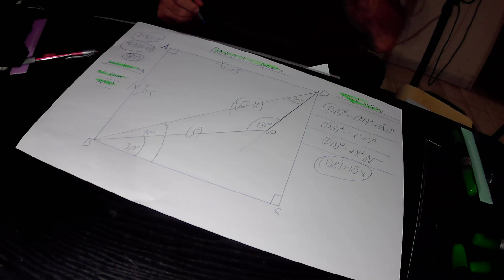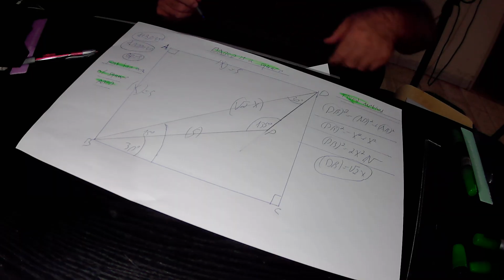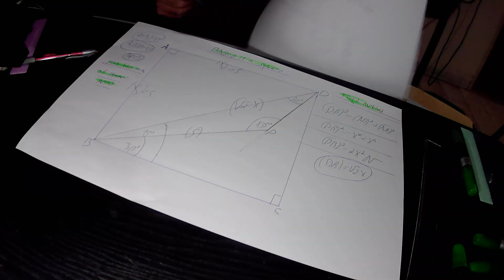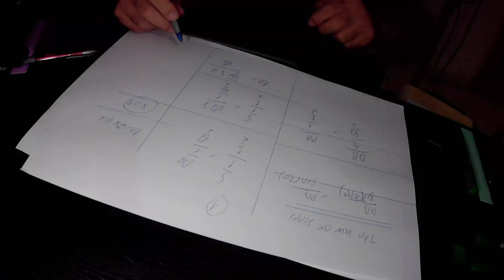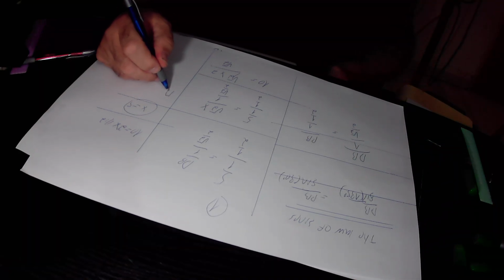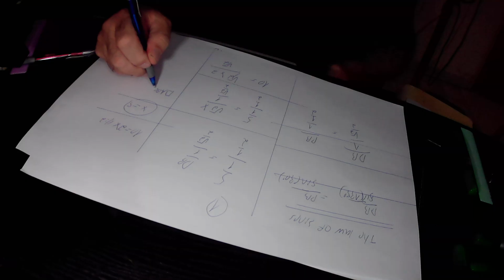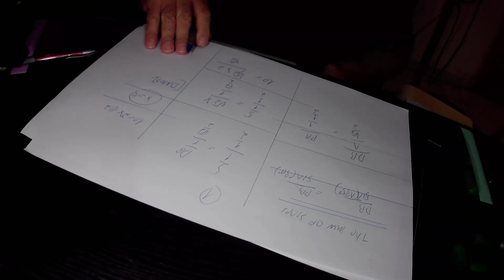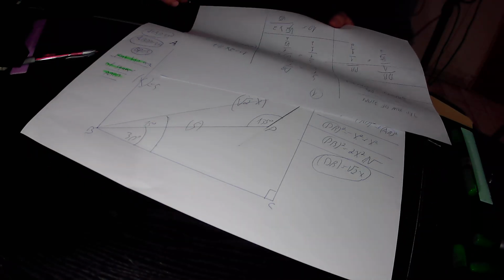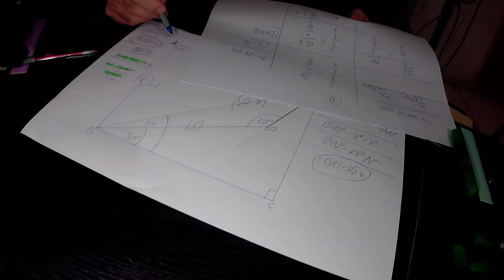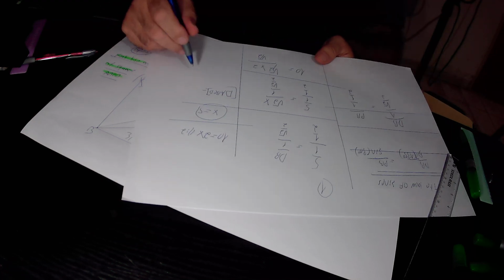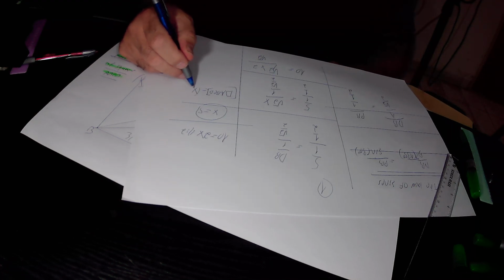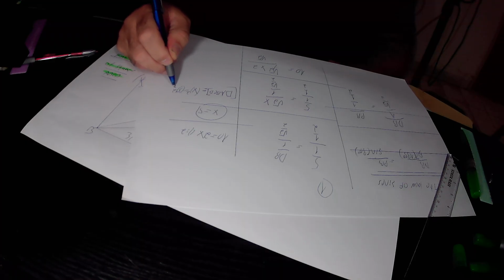Actually, we know that the area of any square equals the length of one side squared. So the area of square ABCD is equal to the length of one side squared. The length of one side is x, so it is x squared. x is 5, so it is 5 squared. 5 squared is 25.